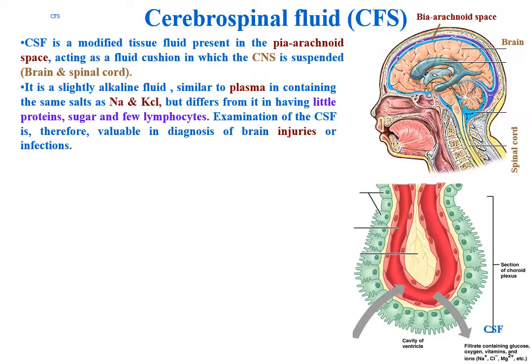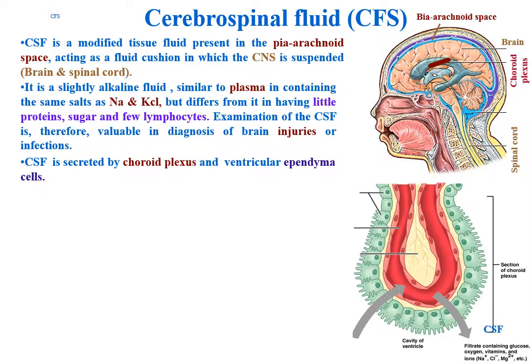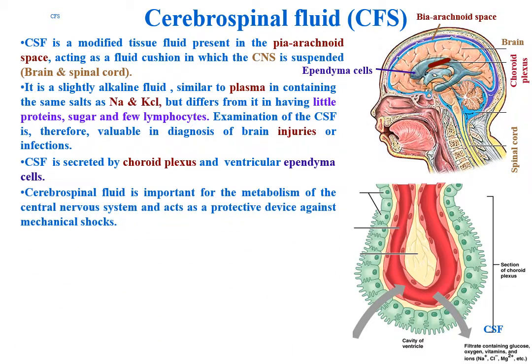Examination of cerebrospinal fluid is therefore valuable in diagnosis of brain injuries or infections. Cerebrospinal fluid is secreted by the choroid plexus and ventricular ependymal cells. It is important for the metabolism of the central nervous system and also acts as a protective device against mechanical shocks.